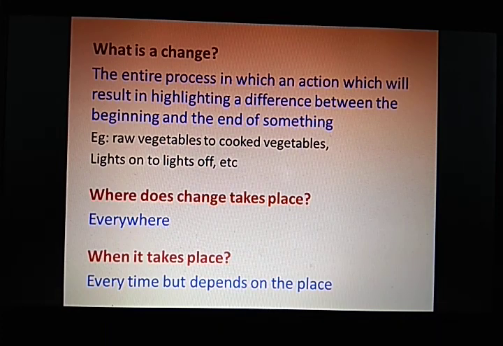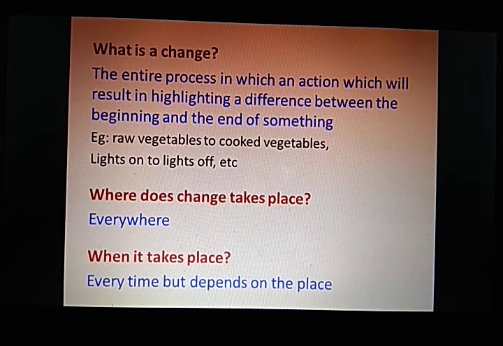If we notice a difference between the point from which it started and the point at which it stopped, so before and after, if we notice any difference within anything, then that difference, brought about by the entire process, is called a change.